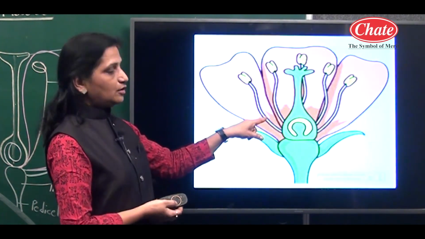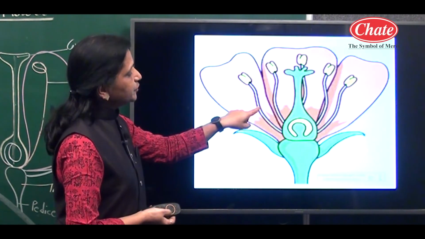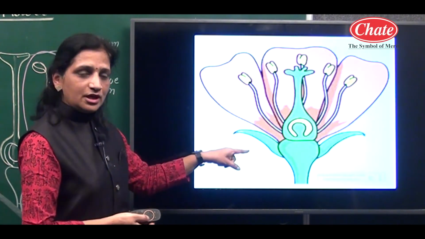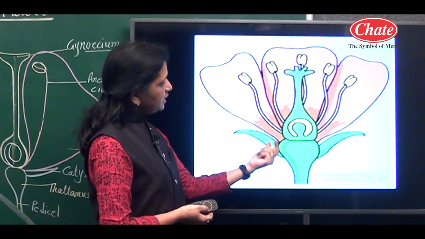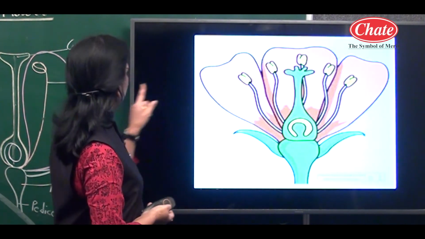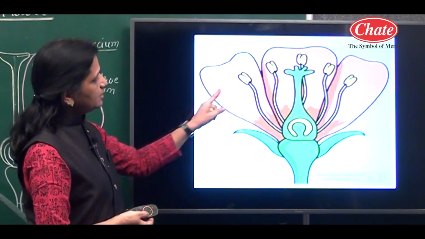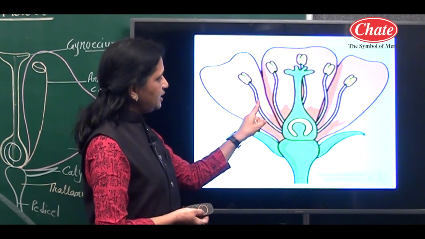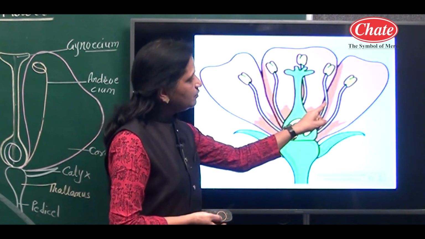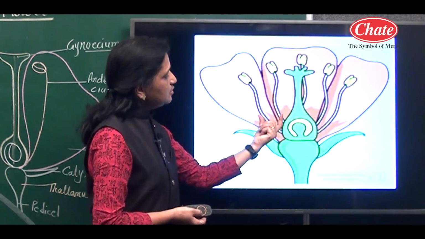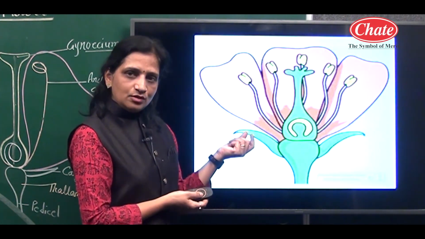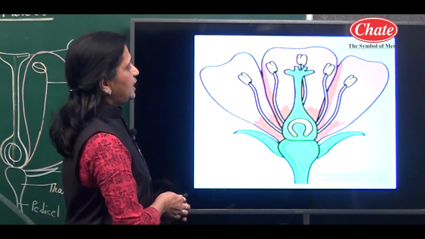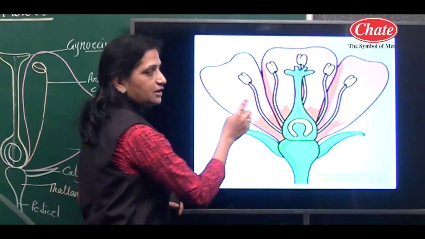The third part of the flower is the androecium. As you observe in this diagram, on the blackboard we drew only a single stamen, but here in this diagram we observe more than one stamen. That means the group of stamens, the inclusive word, is androecium, and the single unit is stamen.